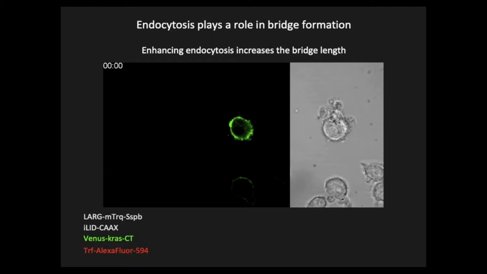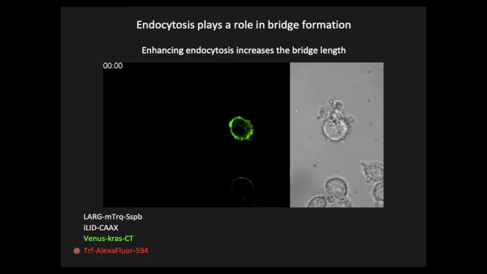Here I use the same fluorescent ligand, transferrin Alexa 594, to see more precisely where endocytosis is taking place and what happens when we activate endocytosis while we induce furrow formation.